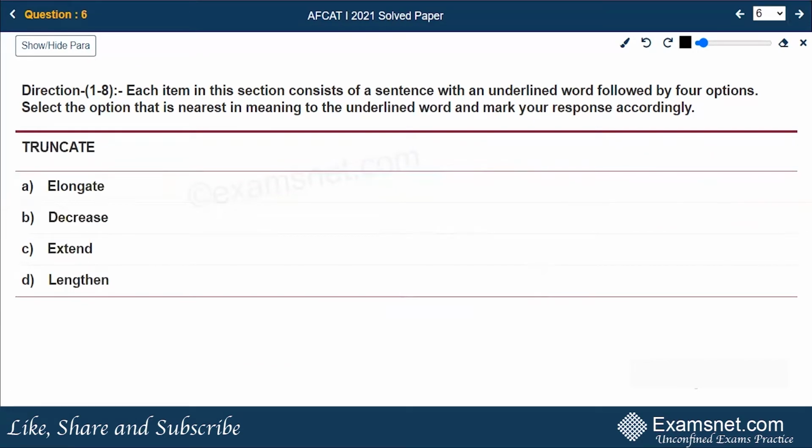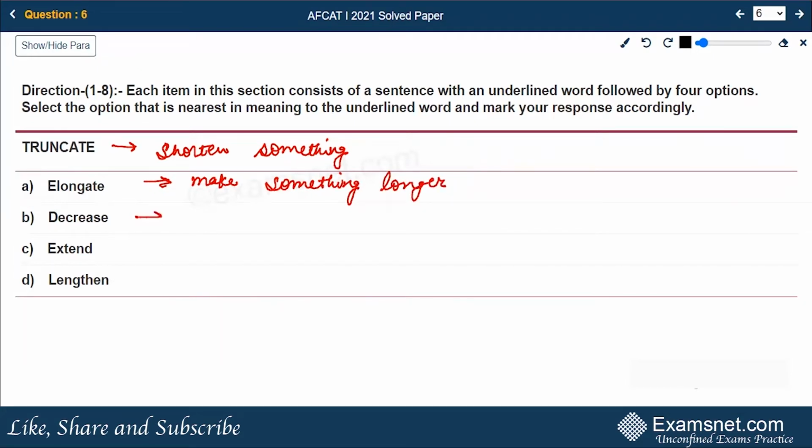Truncate means to make something small, to trim something, or to make something short, shorten something. Elongate means to make something longer. Decrease means to diminish or decrease something.